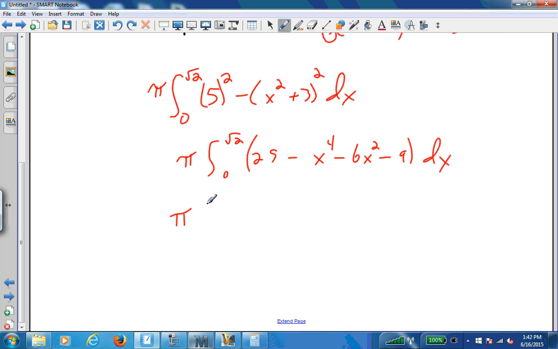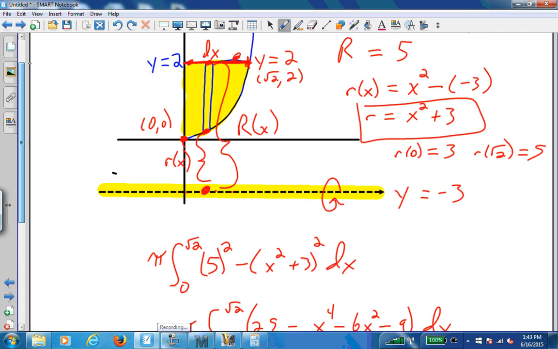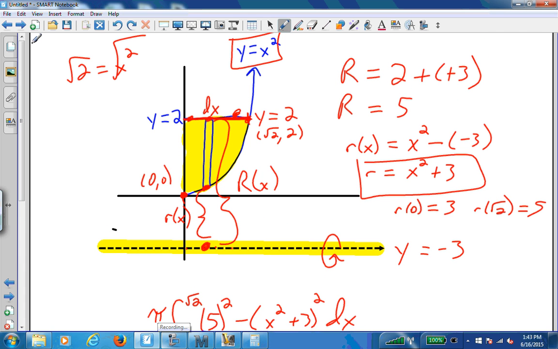So pi times the integral from 0 to root 2 of 25 minus 9 minus x to the 4th minus 6x squared dx. For time's sake, you can integrate that on your own, just a basic antiderivative, and evaluate that from 0 to root 2. The biggest trick on this was finding r.